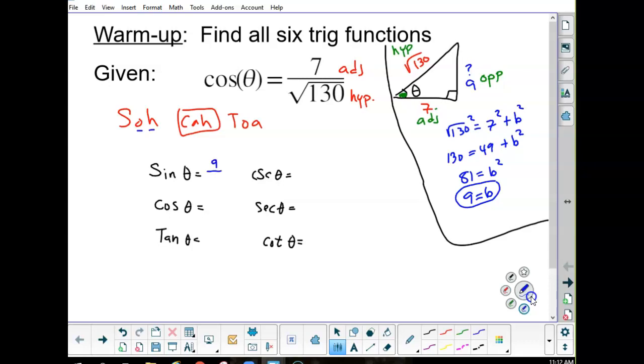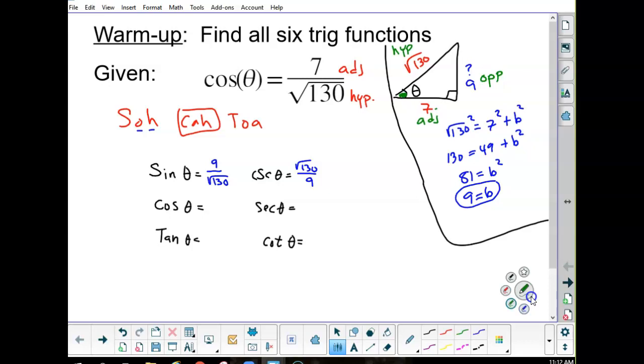The opposite is 9. The hypotenuse is the square root of 130. Now we could actually rationalize this, but I'm not going to yet because we're going to need it to take the reciprocal. But hopefully if you see sine, then you know the reciprocal of sine is cosecant, and you automatically have that one set up.